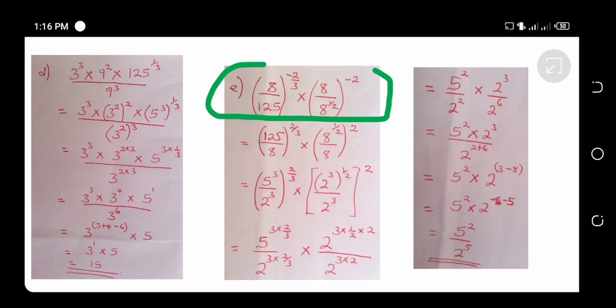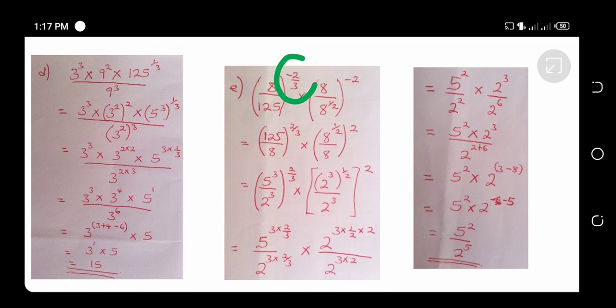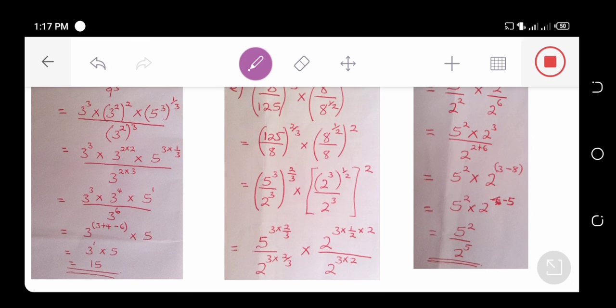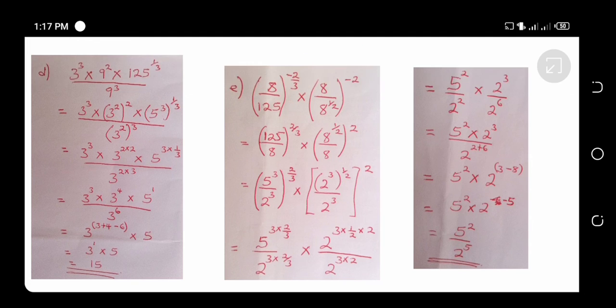Then lastly, let us go to E. This one is complex, but still we have to follow the laws of indices. The powers here are negatives, you can see here. So take the reciprocal. When you take the reciprocals, you get this: 125 is now the numerator and 8 is the denominator, and here also you take the reciprocals.